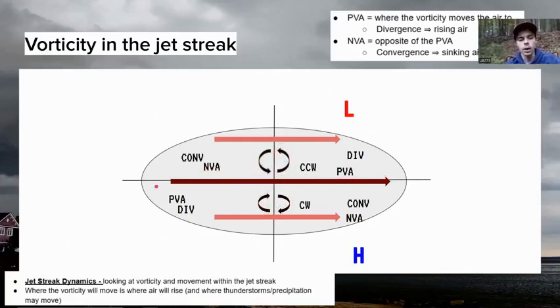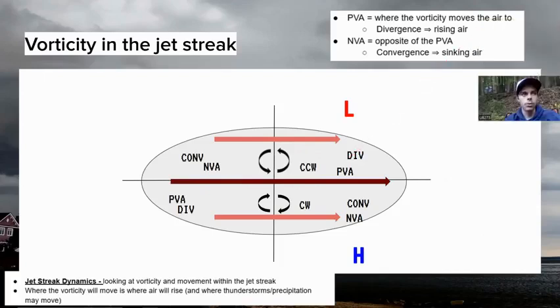That longest arrow indicates the largest magnitude. So in the center of this jet streak, we have the fastest winds. So above is going to be counterclockwise, below is clockwise. That's from our shear vorticity that we just talked about. And ahead of a counterclockwise flow, we would have what is called PVA, and that is positive vorticity advection.